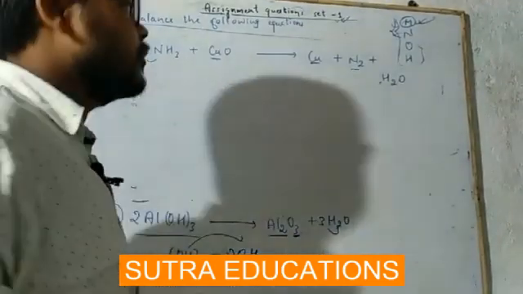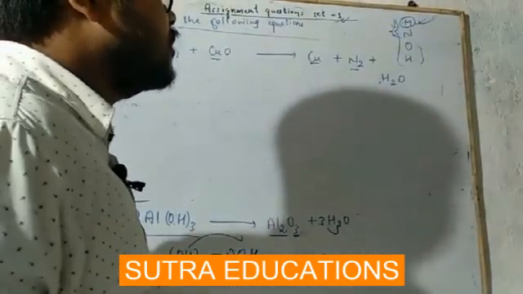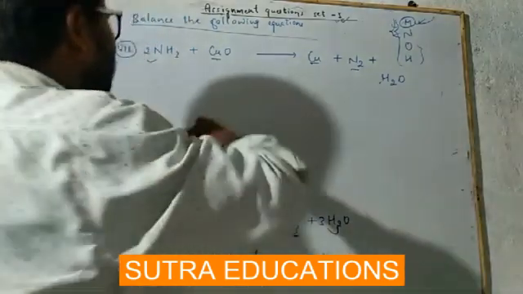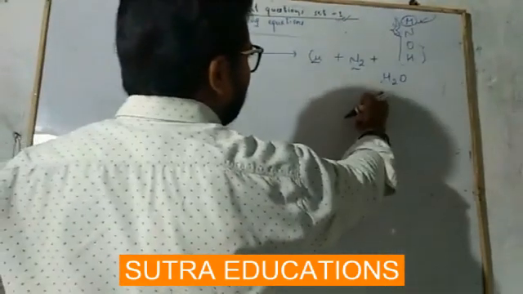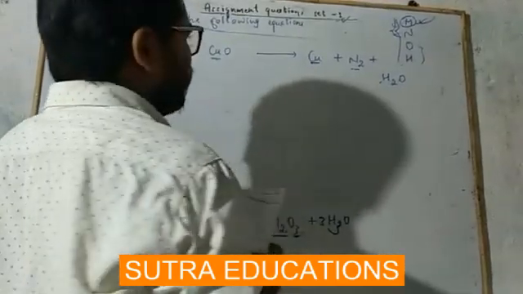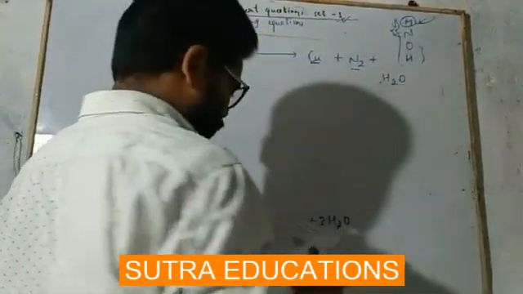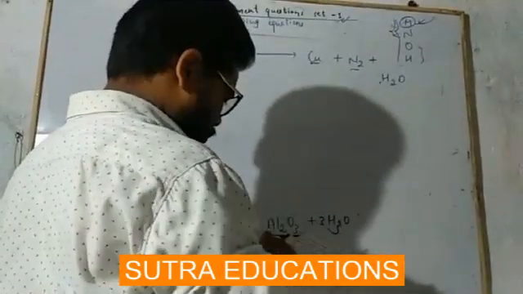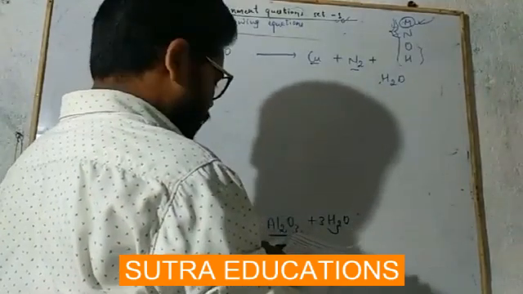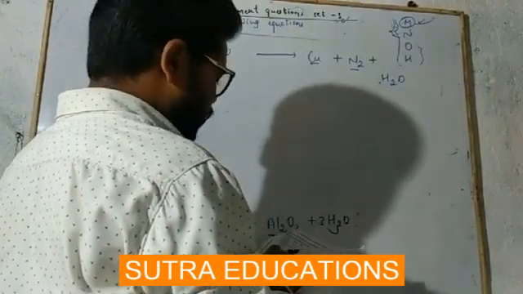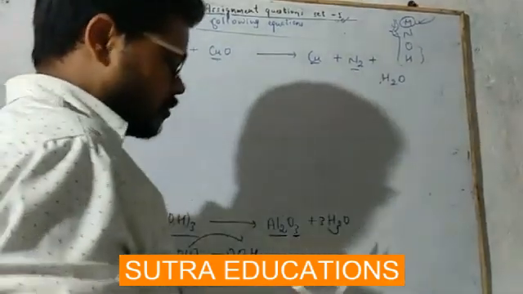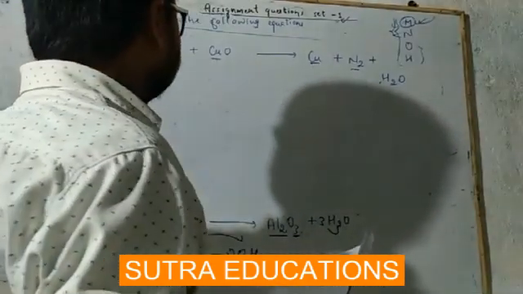So both are balanced now, metal and non-metal. Now what to do? Just try to balance oxygen. So oxygen here is 1, and oxygen this side is 1. NH3 plus CuO, Cu plus N2 plus H2O. So oxygen is balanced. Come to hydrogen.